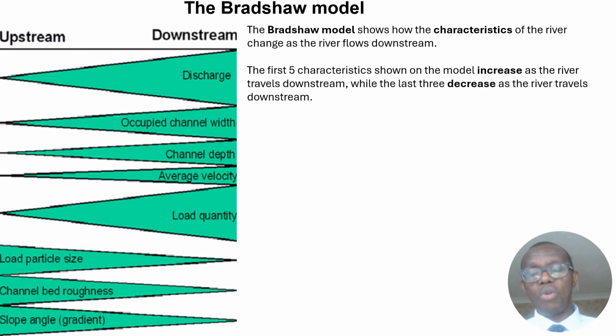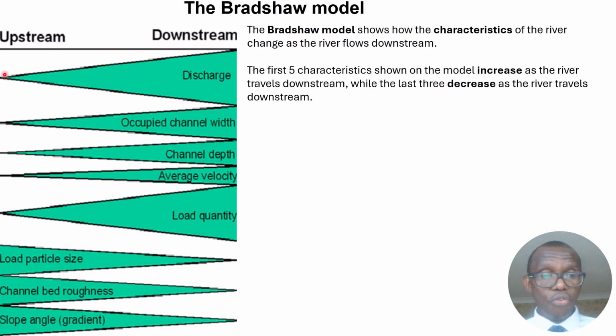So the Bradshaw model helps to explain how the characteristics of a river are going to change as that river flows downstream. So we've seen that it starts in upland areas and eventually ends up in lowland areas. Now, the first 5 characteristics shown on the model here show an increase, right?